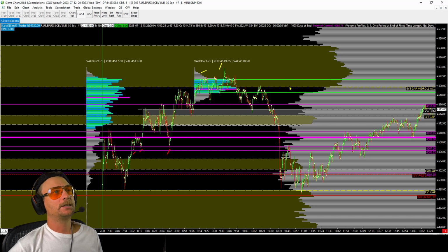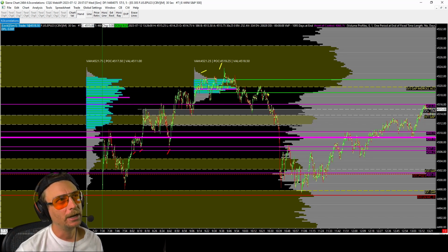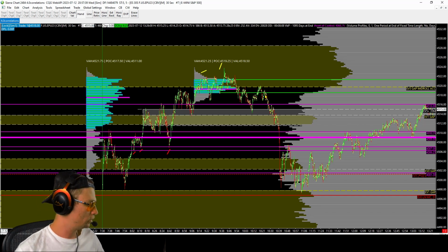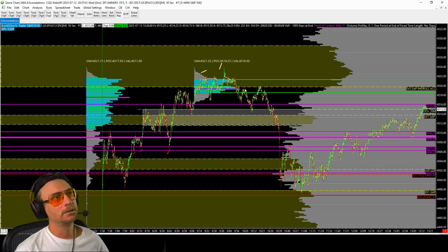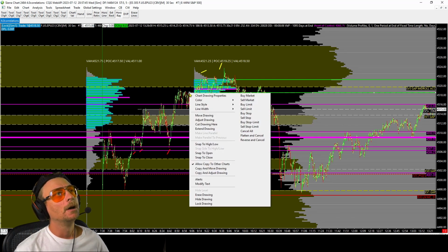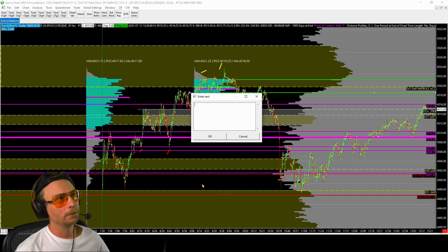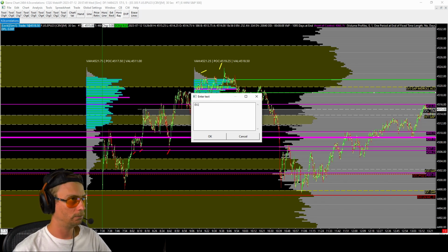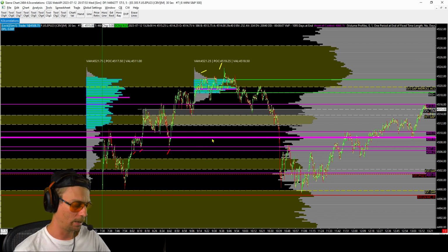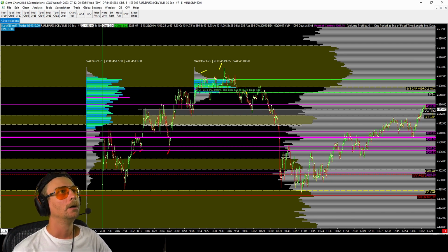So now this area up here is about an EV2-ish, 3 maybe. So I'll give it a 2 plus because of test 1, test 2, test 3. So EV2 plus. And how long has this gone on for? 45 minutes.